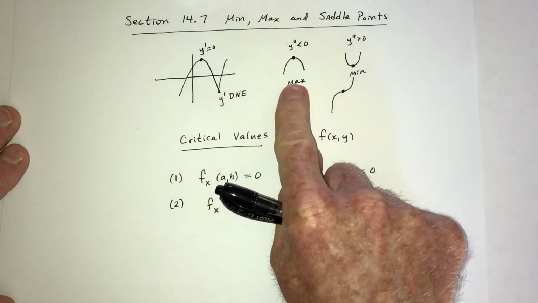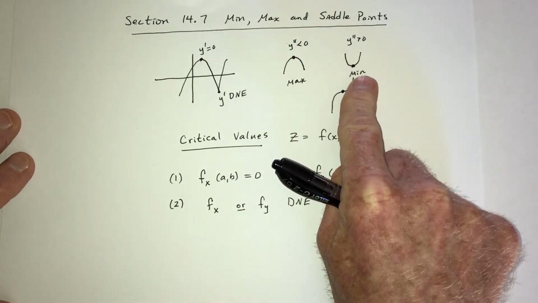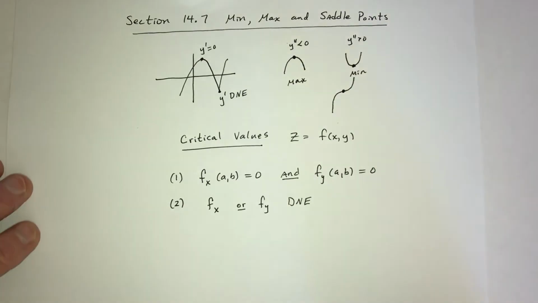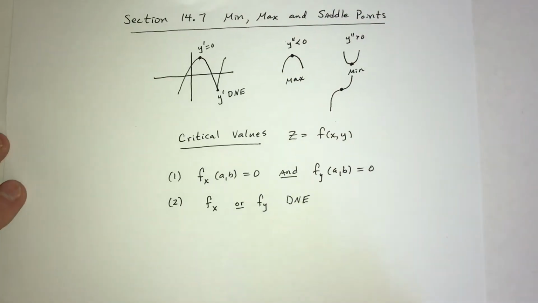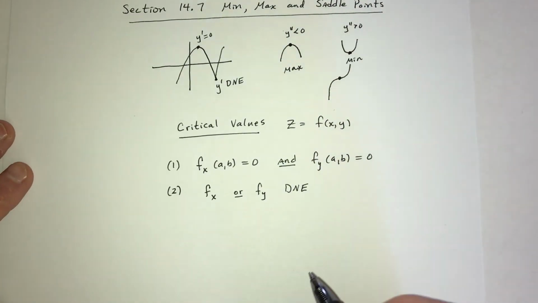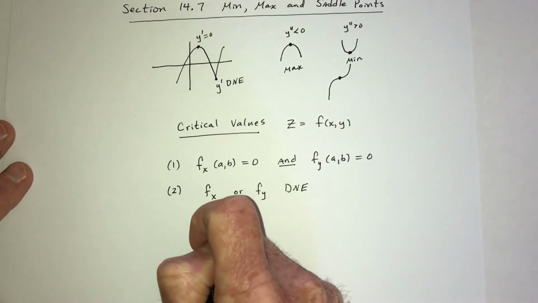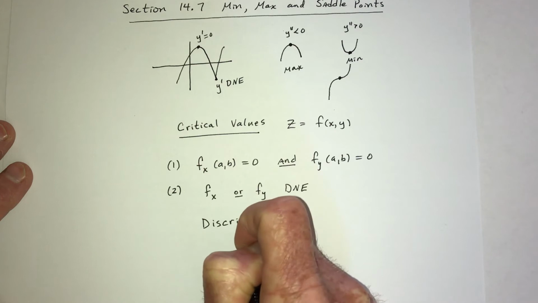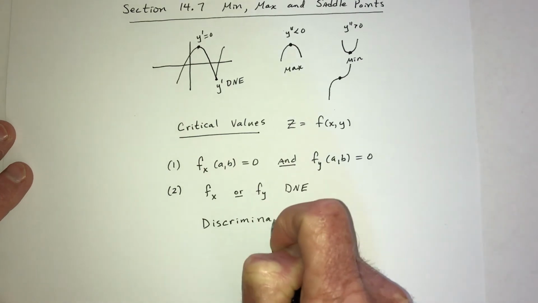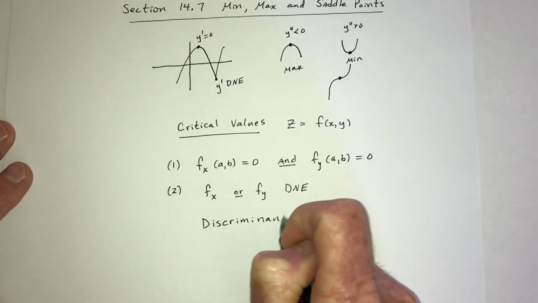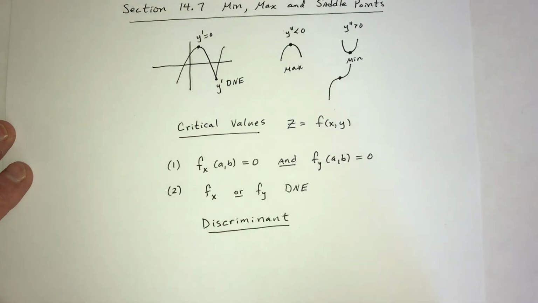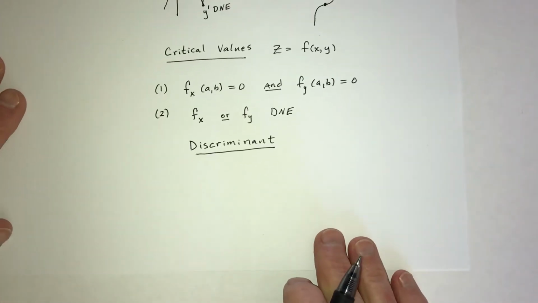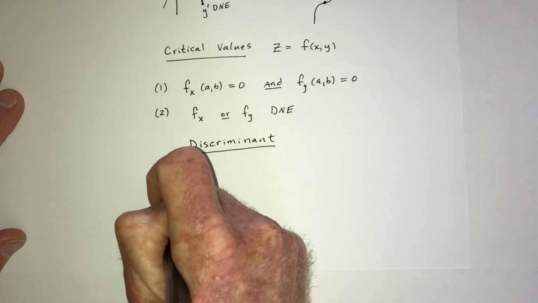Now we need to move over to this part, the analogous theorem for the second derivative test. And for that, you use the discriminant. So the discriminant is a little 2x2 determinant.